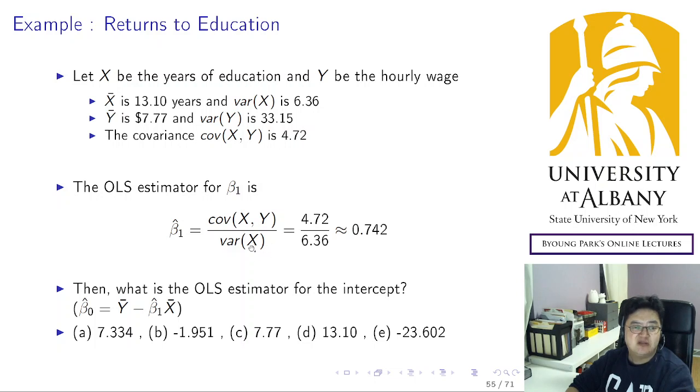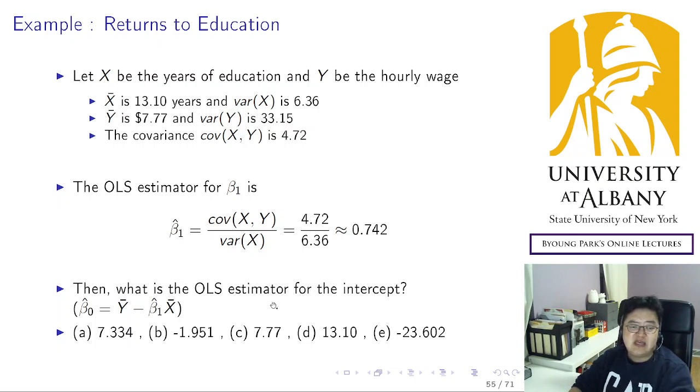So just plug in the variance of education and covariance. Then the answer is 0.742, which means for an additional year of education, your hourly wage has an increase of $0.742 per hour.